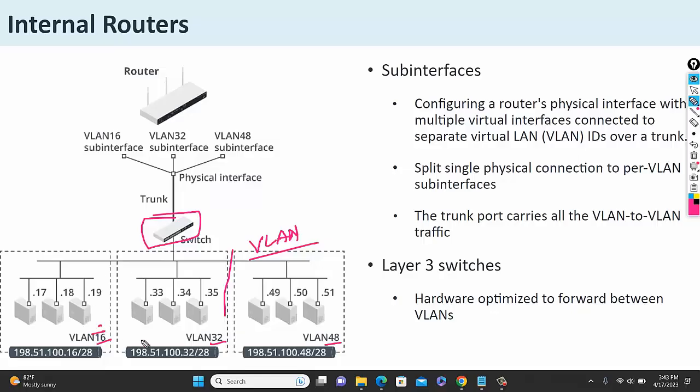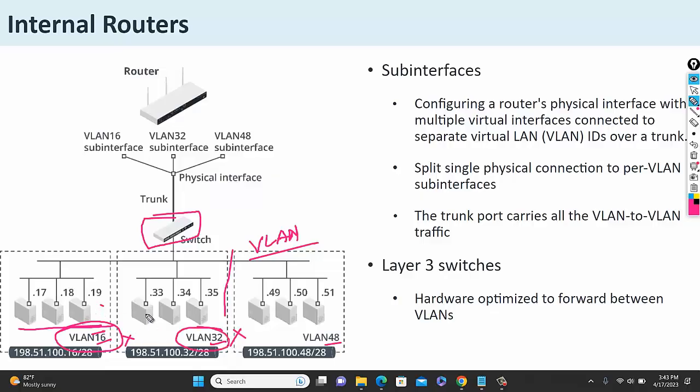But VLAN 16 cannot communicate with VLAN 32. VLAN 32 cannot communicate with VLAN 48. Only the computers which are part of VLAN 16 can communicate with each other.